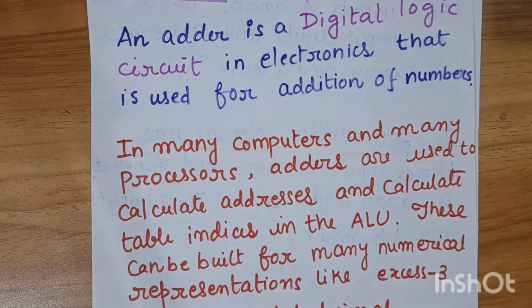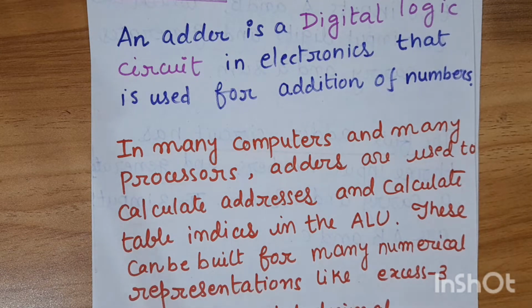We add the addresses, we calculate the addresses, we have the offset, then we have to go to the offset address. For all these purposes, we need adders, and they are multi-bit numbers, so we need big adders. They also calculate the table indexes in the ALU, the arithmetic logic unit.